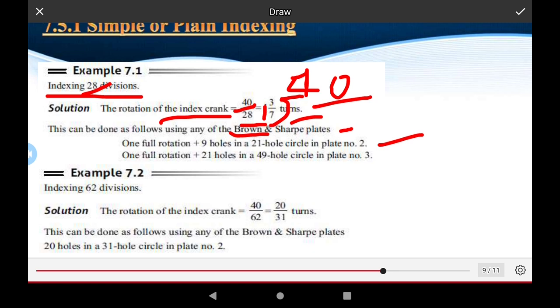Alternatively, one full rotation and 21 holes in a 49-hole circle in plate number 3.